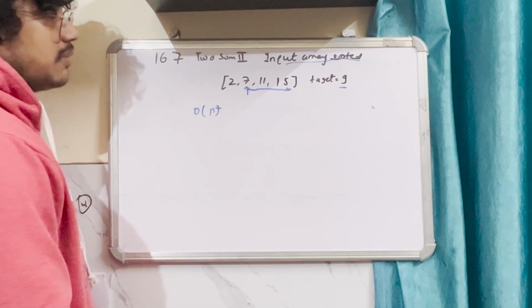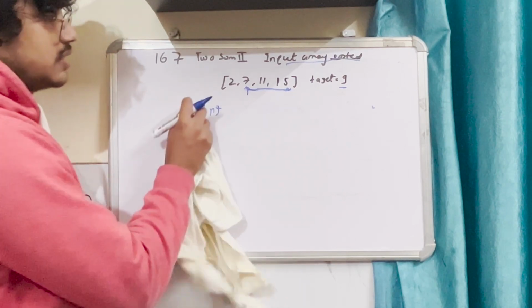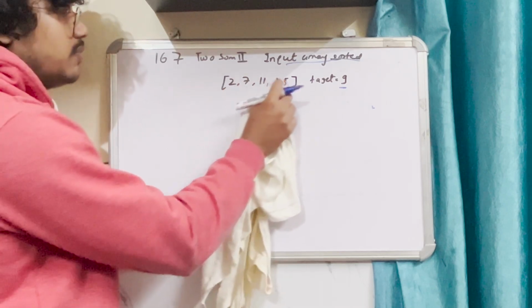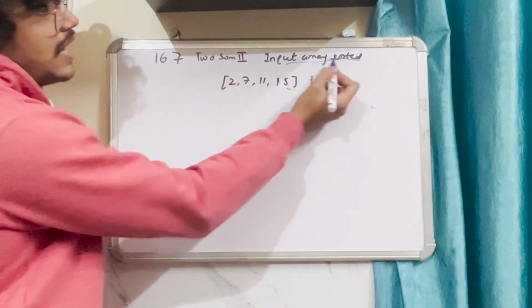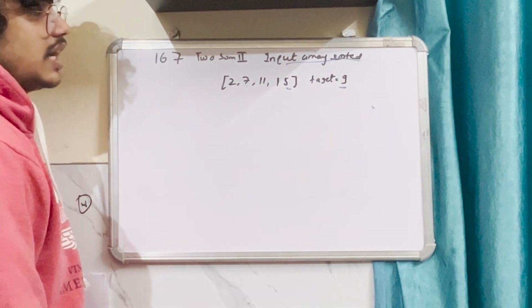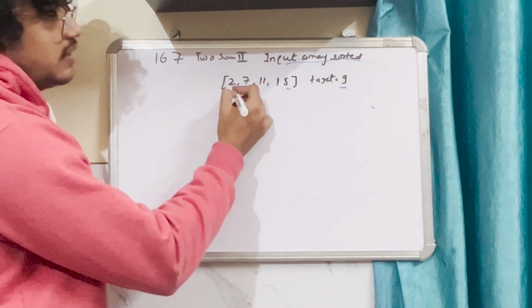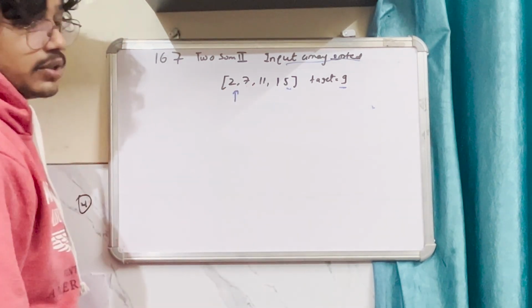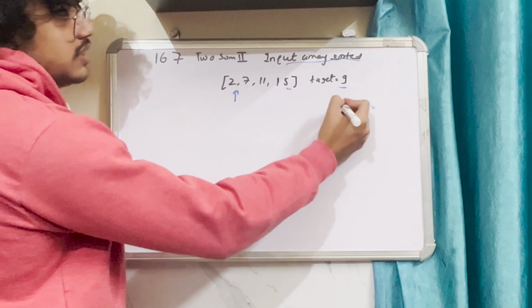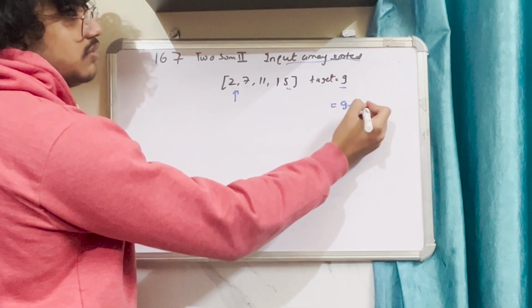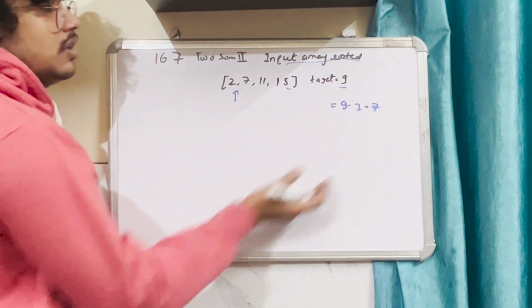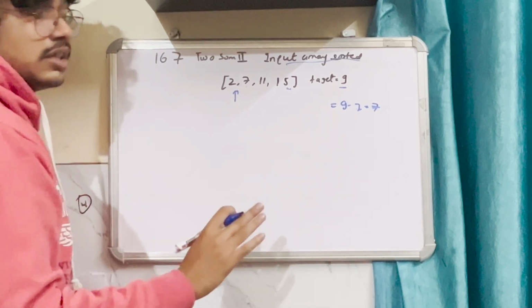The best hint I can give you is that the input array is sorted. If the array is sorted, for example, if you selected the element 2, the target changes to 9 minus 2, which equals 7. Then you have to search for 7.